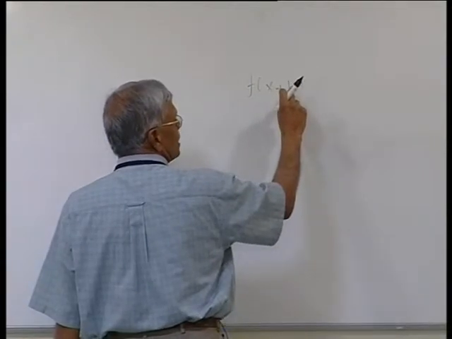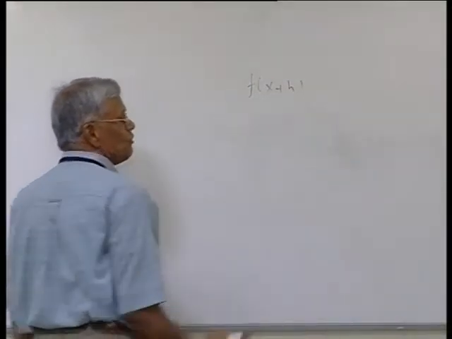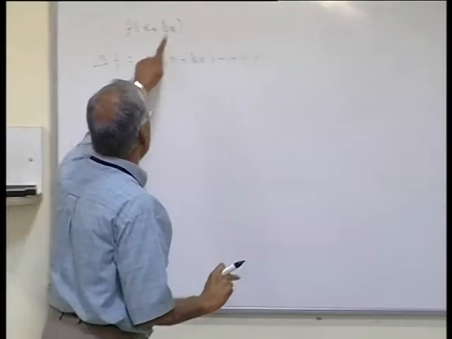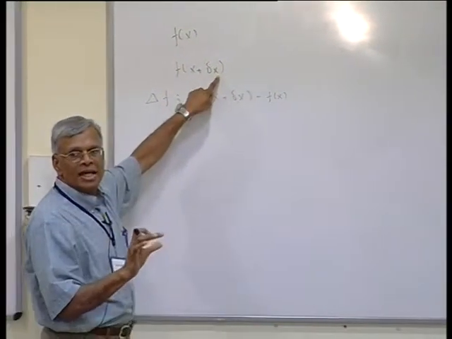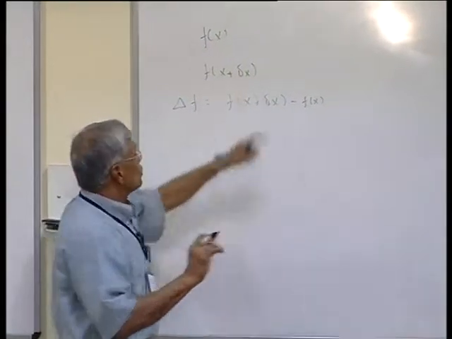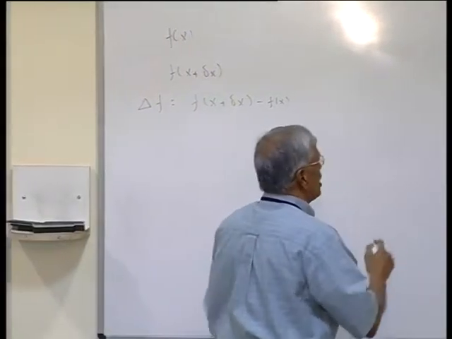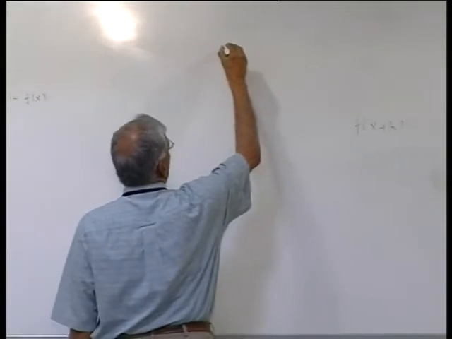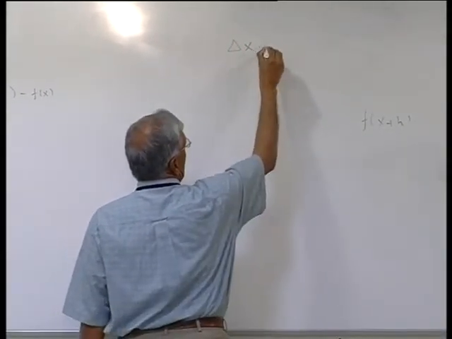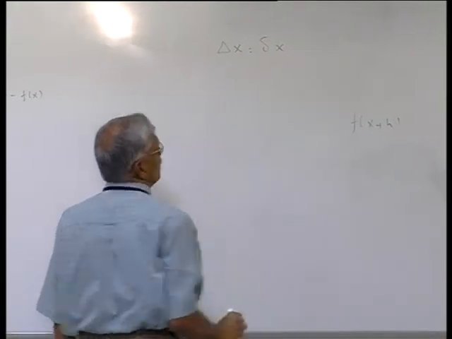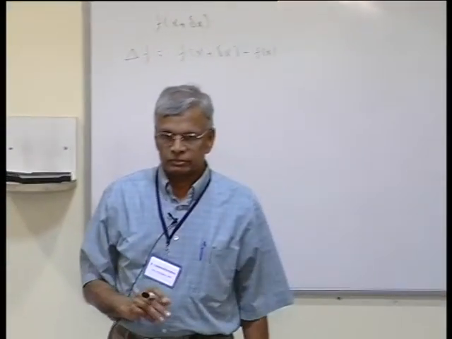Instead of using h, which we have done so far, I'm simply changing the notation to delta x. So delta x is a small increment. Here again comes the notation. In basic calculus, we say let delta x be an increment. Are you with me?